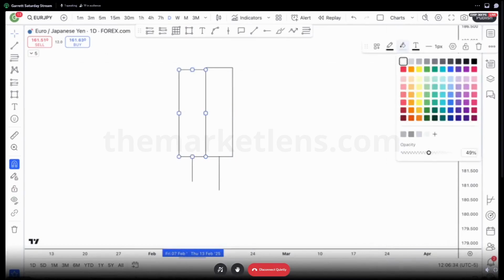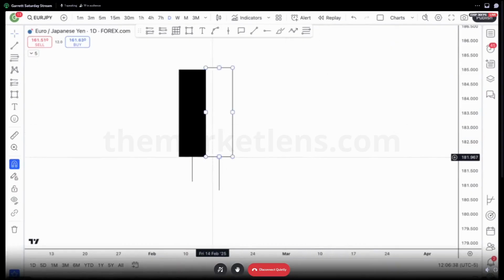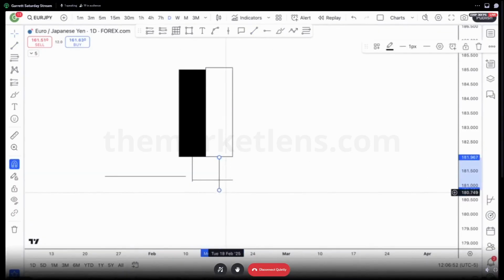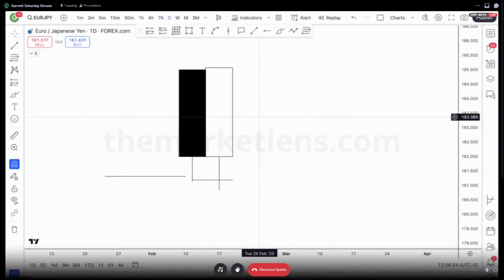Let me make this black here. Let's say this is our key level or whatnot. Sweep out this low. So there's this way a reversal candle can form, and this is the only one we want to trade, and that is reversal into expansion, right?